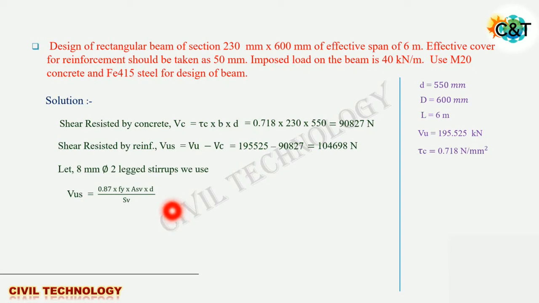Here Asv is the area of shear reinforcement that we have to calculate first, so we can use that value in this formula. The calculation is 2 times pi by 4 times 8 square. As we used a 2 leg stirrup, we multiply by the factor 2 to the area of the 8 mm dia bar. That gives 100.57 mm square.